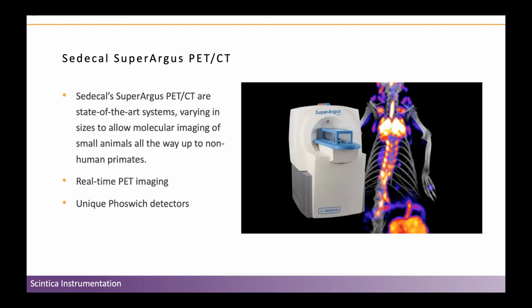And these are really interesting due to their unique phosphate detectors that Sedecal has produced. So these detectors provide true depth of interaction information and a sub-millimeter resolution uniformity across that entire field of view. And they have excellent parallax error correction. So these offer really high performance detectors within this PET CT system.